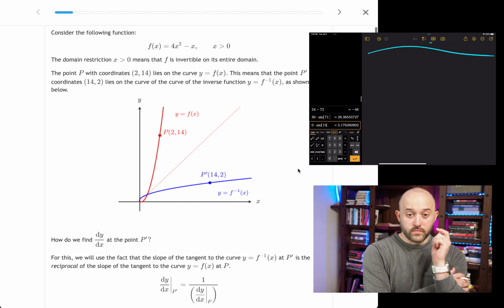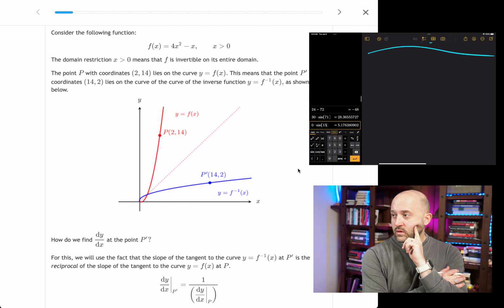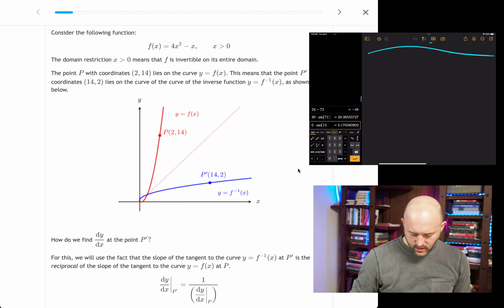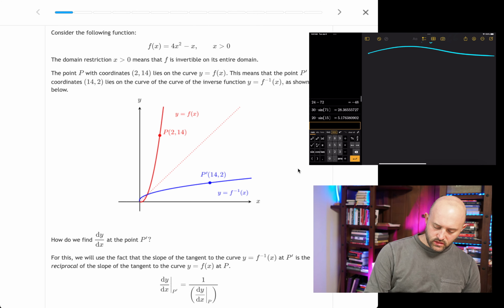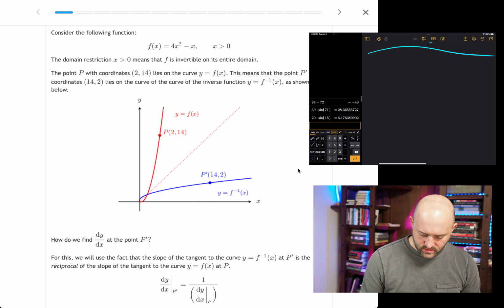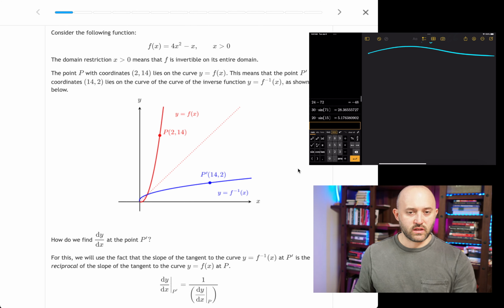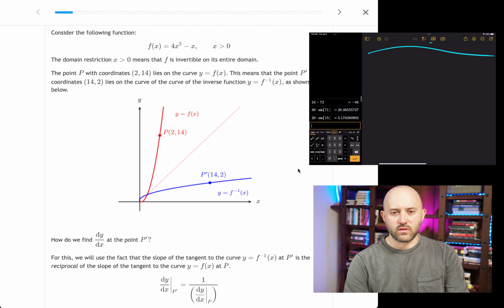Consider the function f of x is 4x squared. Yes, you can use a calculator for these. I have my little screen here of what I've used it for so far. This first one is legitimately lame, this minus 48, but I just didn't want to get it wrong because I'd already gotten one question wrong for that. So let's just make sure I don't make a silly mistake.